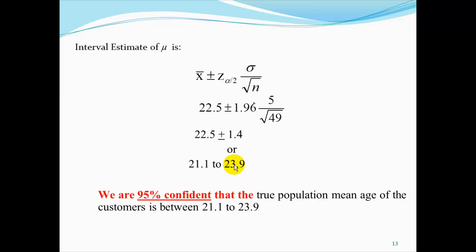Therefore, we can state that we are 95% confident that the true population mean age of their customers isn't exactly 22.5 like we found for our sample, but we're 95% confident that it is between 21.1 and 23.9.